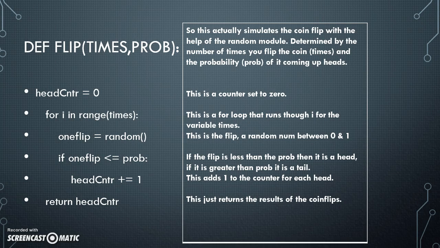Then it runs a for loop and assigns flip as a random number, and if the flip comes up as less than or equal to the probability, let's say 0.5, it'll count a head. If it's greater than 0.5, it won't add the head to the counter.